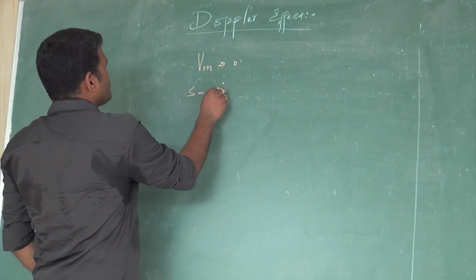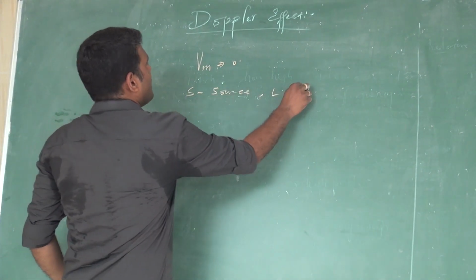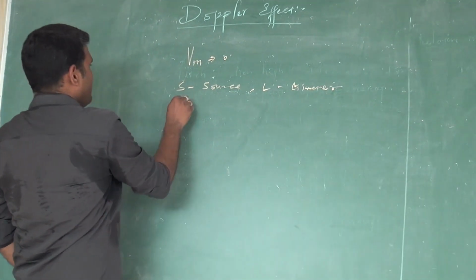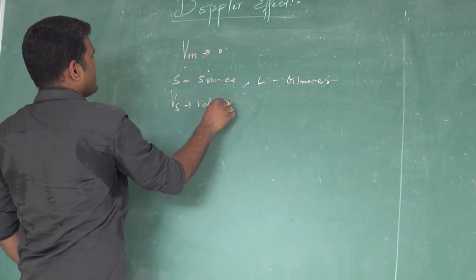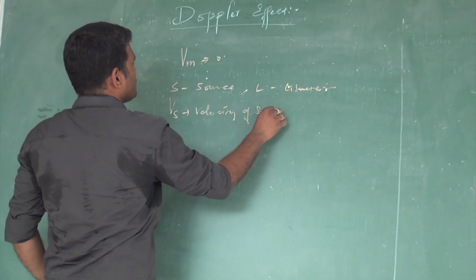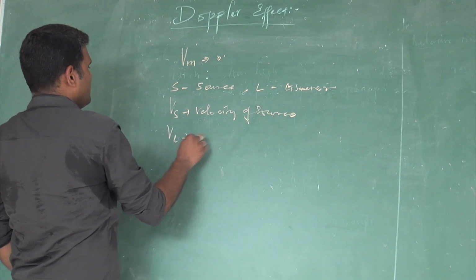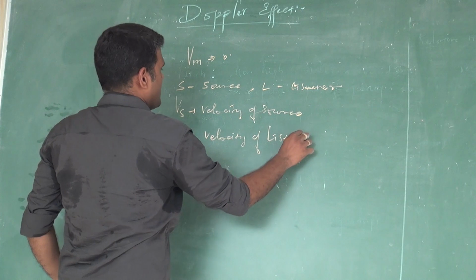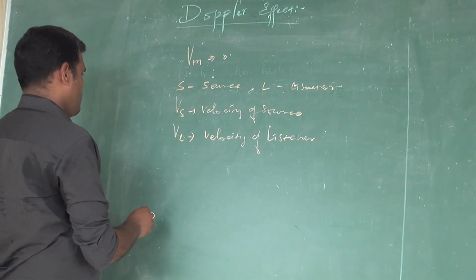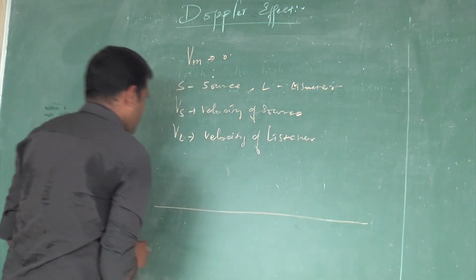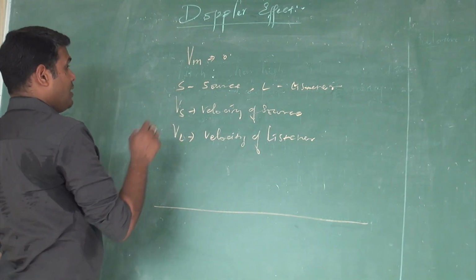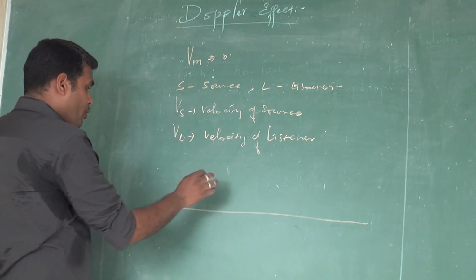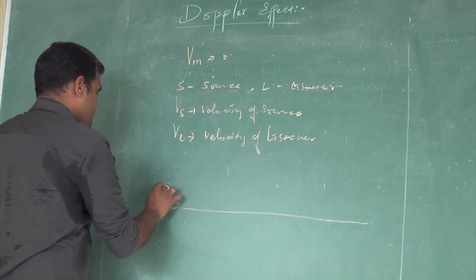Let S be the source, L be the listener, Vs the velocity of the source and Vl the velocity of the listener. Now in this particular case, we also have to consider that the source and the listener are moving along the same straight line.